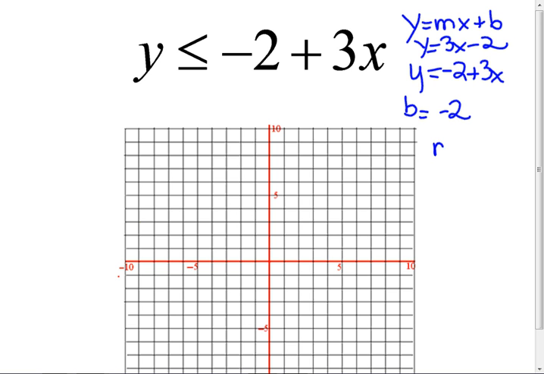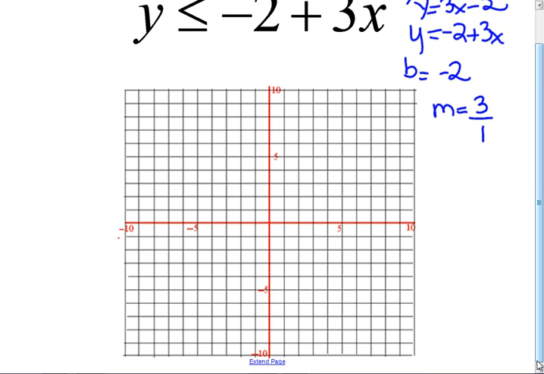What's the slope? Lalo, do you remember what the slope is? 3 over what? 1. No, it's 1. Okay, so we don't create numbers that aren't there. You're going to have to put an axis in. So we begin at negative 2.